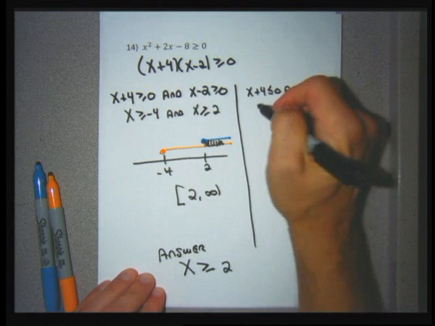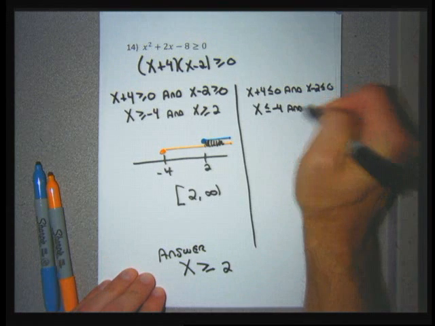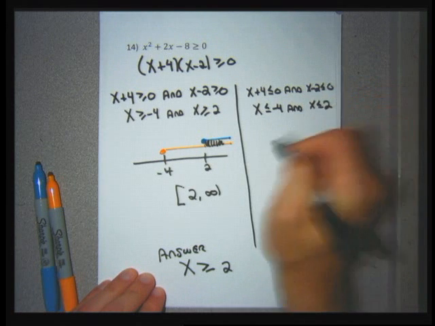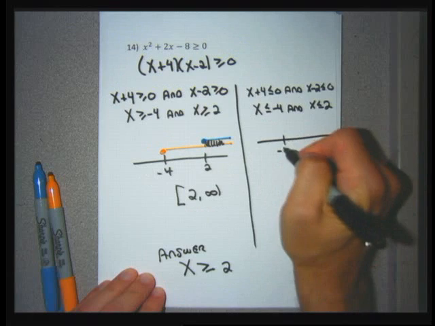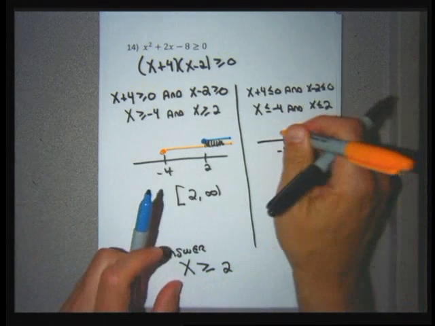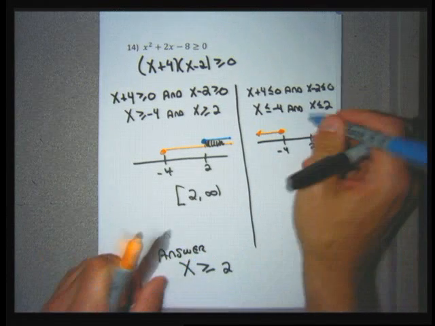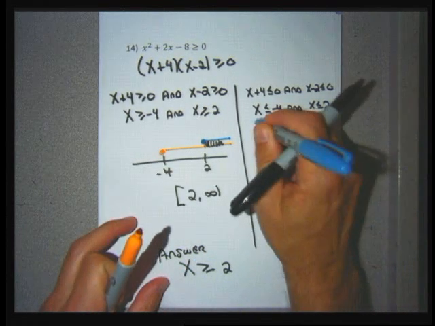The next scenario, I get x less than or equal to negative 4 and x less than or equal to 2. Find negative 4 and 2 on my number line. Less than or equal to means I go to the left. So x less than or equal to negative 4 looks like that. X less than or equal to 2 looks like that.